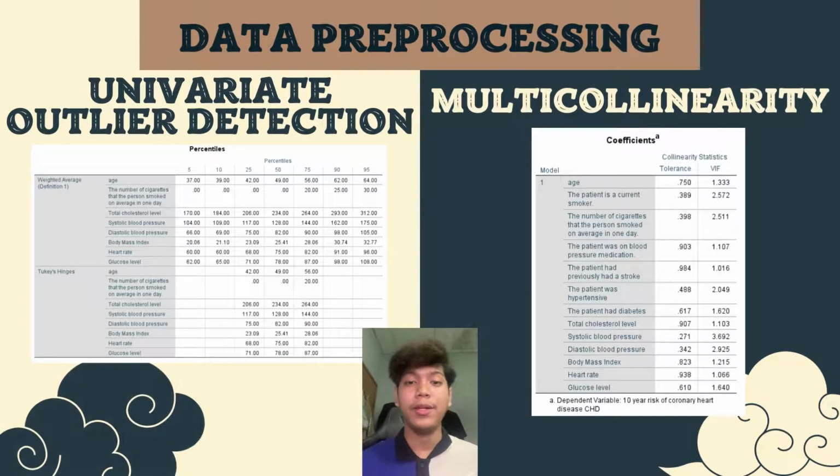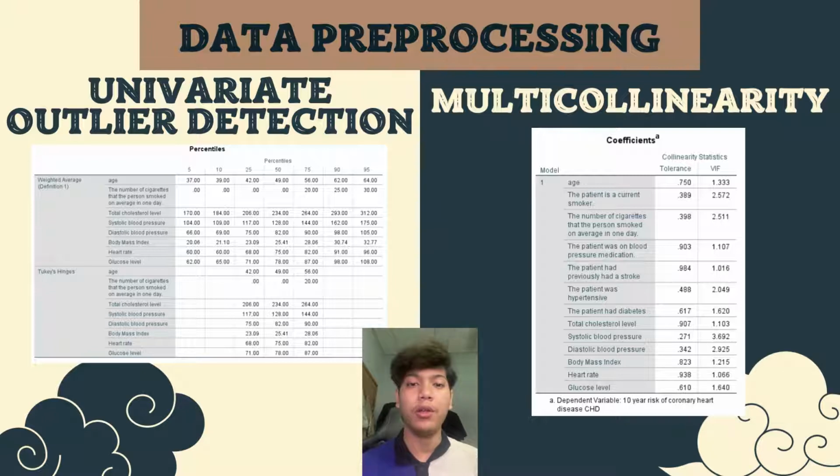Next, we move to the data pre-processing. For the univariate outlier detection, we detect that there are outliers for the variable cigarettes per day. We have 4 outliers, which are 2652, 2393, 1646, and 3242.